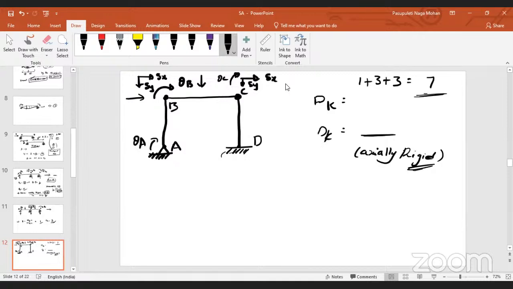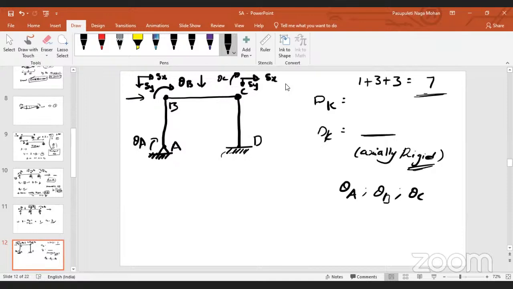See, as of now, I think you guys might have already studied this, so it will be very easy to give the answer. But the point is, whatever value you are saying, if you can visualize those values in the diagram, that is what you need. Those who are saying 4, can you please tell me what are those 4? Theta A, theta B, theta C, and deflection delta X, sir.